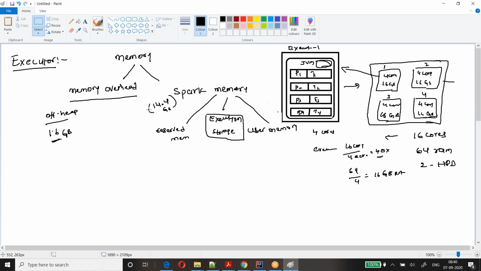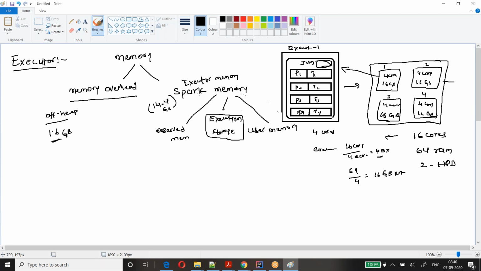We normally call it Spark memory, or some people call it execution memory. This itself is the executor memory. So memory overhead, or some people call it executor memory. Keep that in mind, okay?